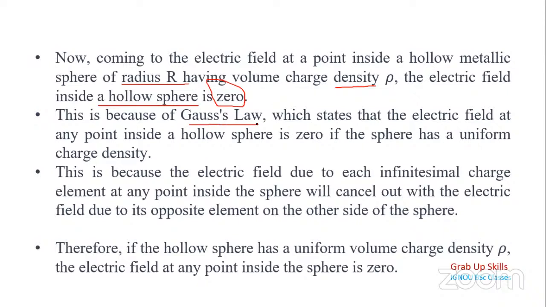This is because of Gauss law. We have seen the Gauss theorem. This law states that the electric field at any point inside the hollow sphere would always be equal to 0, only if it has a uniform charge density. This is because the electric field due to an infinitesimal charge element at any point inside the sphere will cancel out the electric field due to its opposite element.